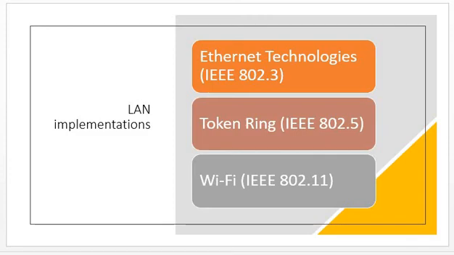We have the IEEE 802.3, popularly known as the Ethernet, and this is used for point-to-point connections within our local area network. Then we have the IEEE 802.11, which is used for wireless connections.